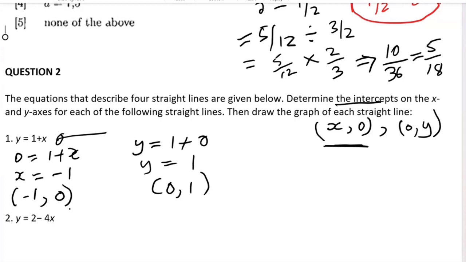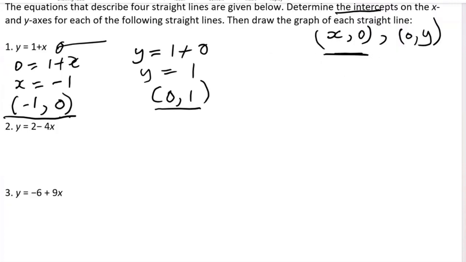Okay, I'll do number 2. You do the same thing for your x-intercept. You let your y be 0. So now you're going to have 0 equal to 2 minus 4x. All you need to do here is to simplify. So when you simplify, you're going to have 4x equal to 2. Therefore, your x is equal to a half.